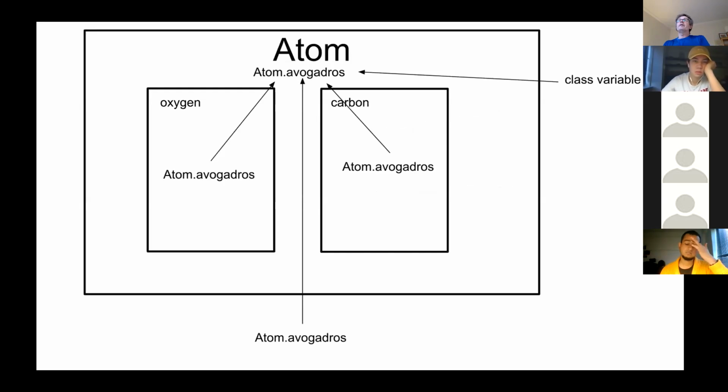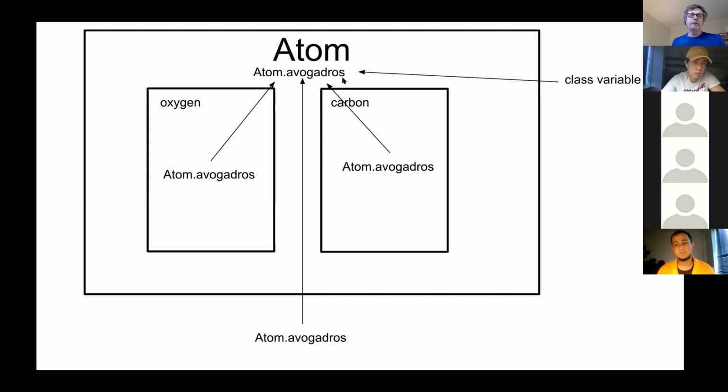Finally, the thing that we saw in Model 3 was this Avogadro's number. The whole idea of Avogadro's number is that it's a class variable. It's not an instance variable. It's not a variable that's inside an object. It's inside the class itself. And so I always refer to class variables by putting the name of the class dot the name of the variable. And I can have as many of these things as I want.